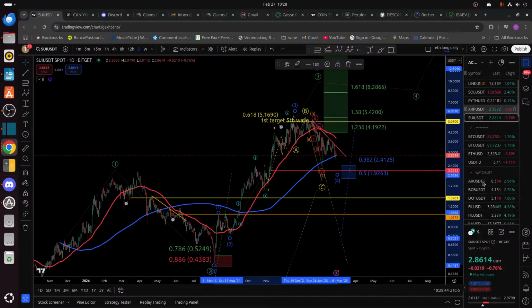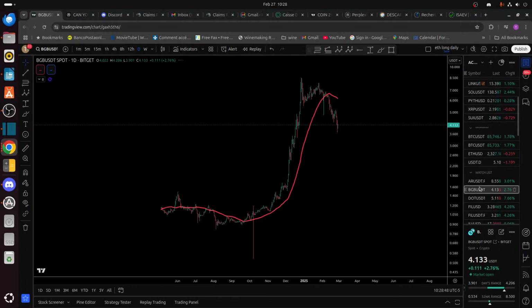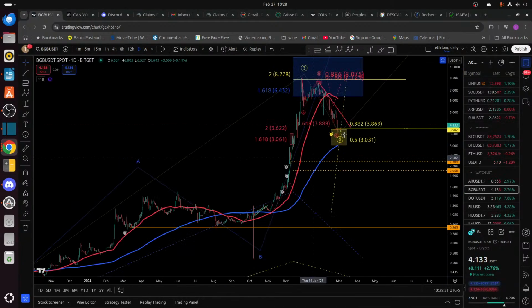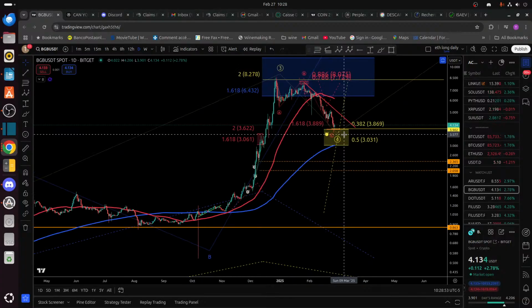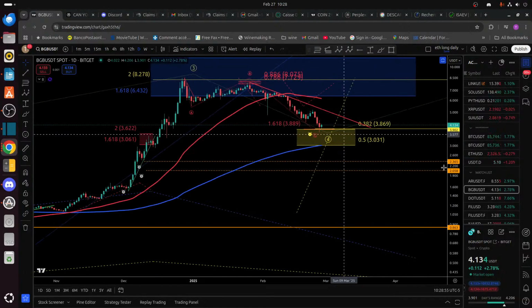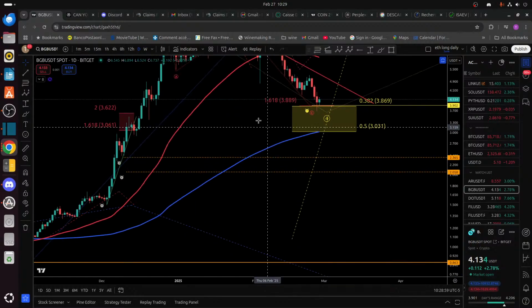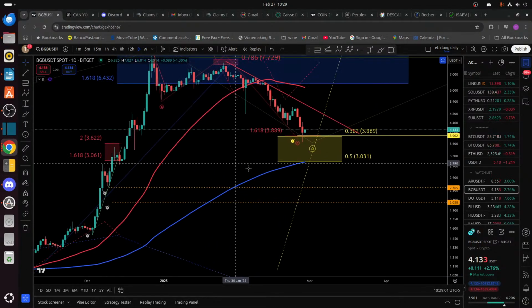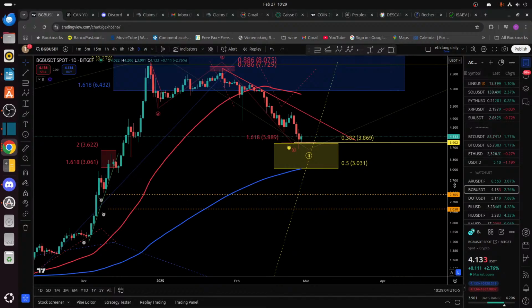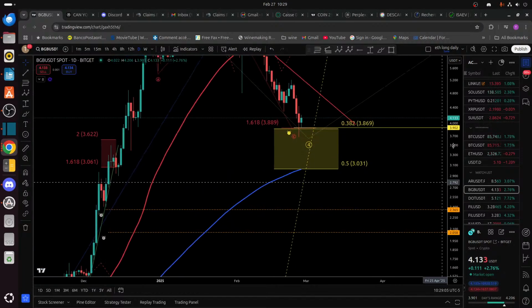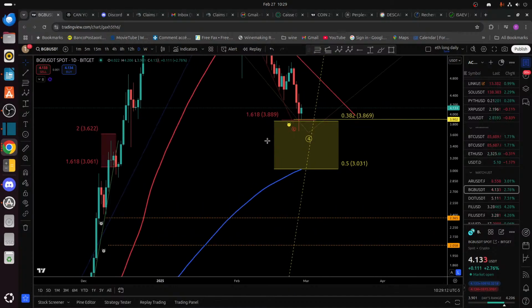I'd like to talk about BGB. I regret I didn't buy any yesterday, but I do already have some. As you can see, I had an alarm, but I didn't act on it, because I believe there is a lot of probability, in my opinion, that Bitcoin is going to go a little bit lower.